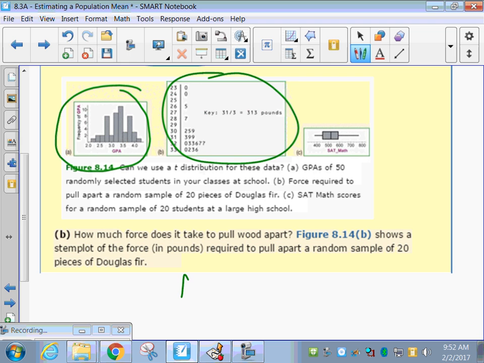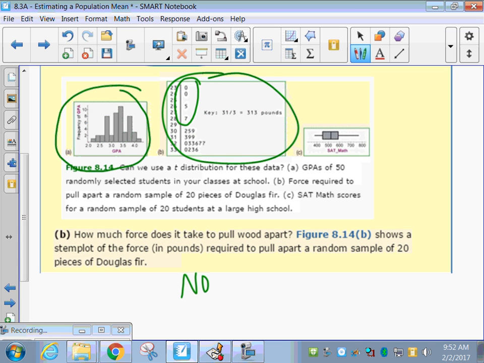So, nope. You would say strongly skewed left because there's a whole bunch of low numbers. Look at all those low numbers. And those could possibly be outliers as well.